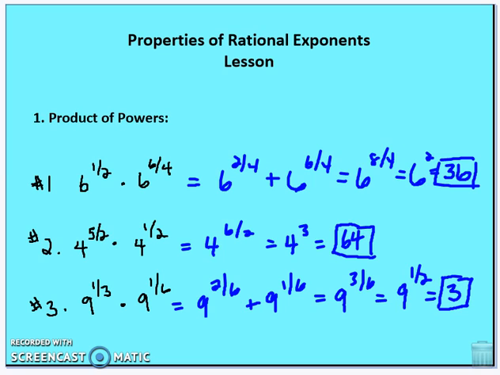Example number 2, 4 to the 5/2 times 4 to the 1/2. 5/2 plus 1/2 is 6/2 or 3. 4 cubed is 64. Last example, 9 to the 1/3 times 9 to the 1/6. We end up with 2/6 plus 1/6, or 3/6, simplified to 1/2. 9 to the 1/2 is the same as the square root of 9. Square root of 9 is 3.